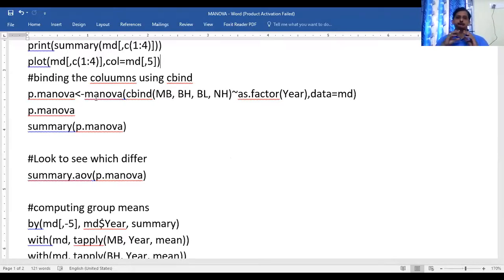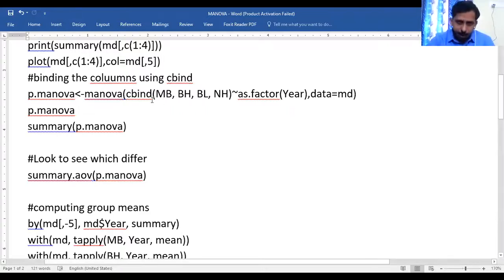That's why we have chosen a technique called MANOVA, and the function to do it is manova. What about the function to do ANOVA? It is aov. The function to do simple univariate ANOVA is aov, but to do multivariate analysis of variance, you have a function called manova.